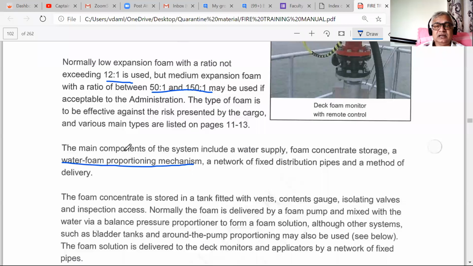Delivery is this gun. Distribution pipes are like this, where the pipe is bringing the foam here. This is parts and parcel you will find in engine room or wherever you have got this tank, foam tank and pump. That is where you will have this.